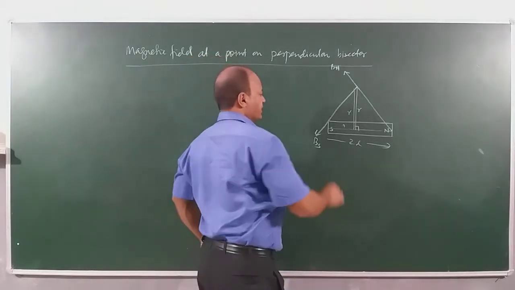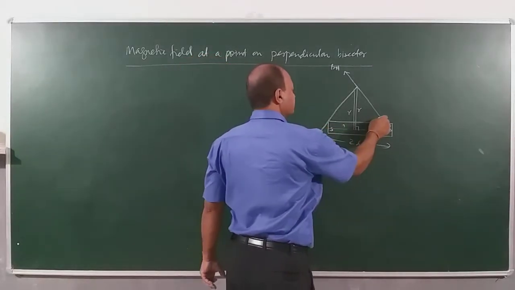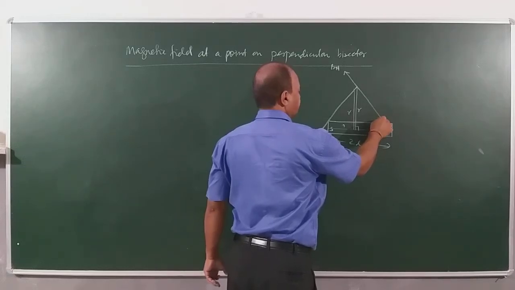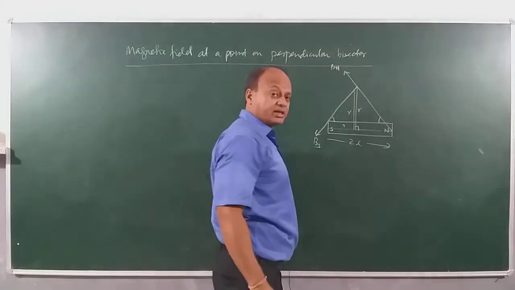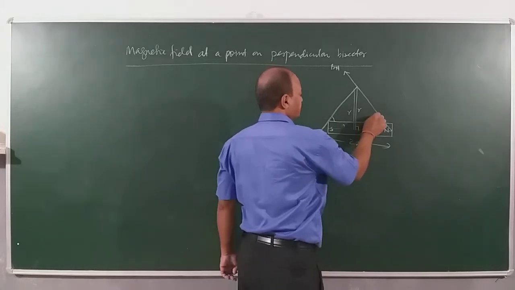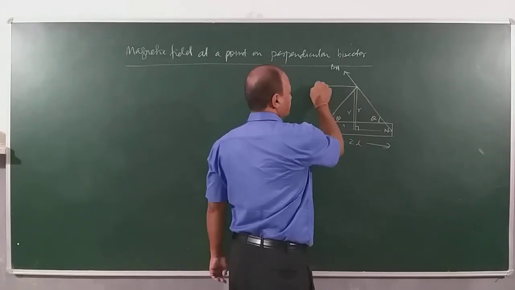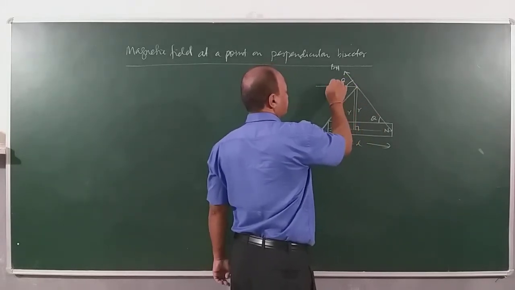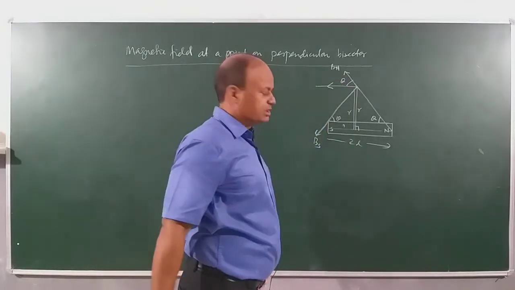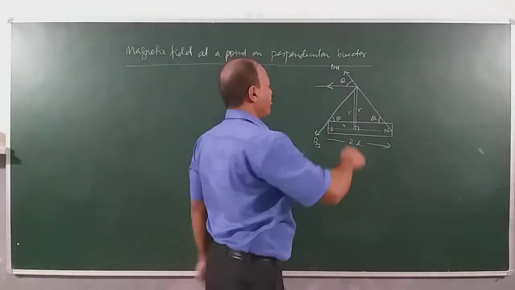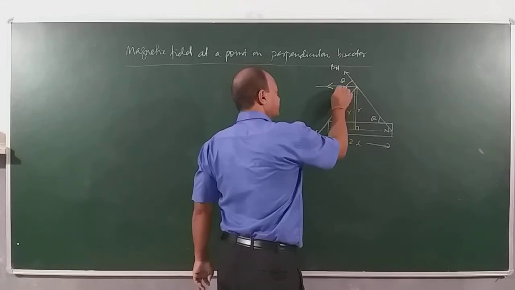You can see this triangle is like an isosceles triangle. If this angle is theta, then this angle is theta, and this alternate angle will also be theta, right.